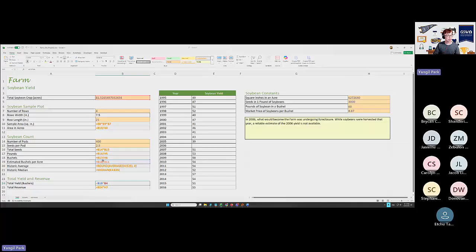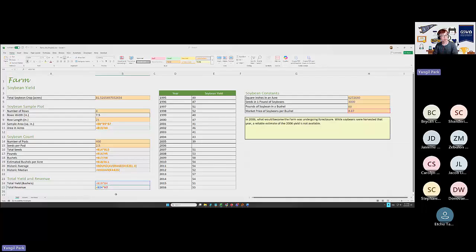So you take B19, which is that estimated bushel per acre, by B4, which is total area. Okay, so that's the total. The other area above, those are the sample area. And total revenue. Now we know how many bushels are coming out of the total area. Then you just multiply by B7, which is the number of rows, then 24, which is the number of bushels.